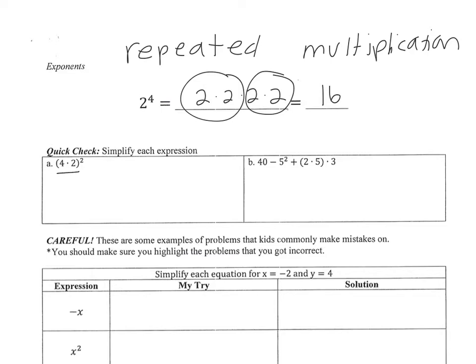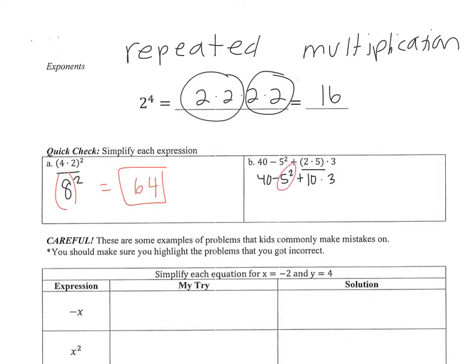So I'm going to do 4 times 2, which is 8, and then square it, because that's using order of operations. I'm doing the parentheses first. So 8 squared is 64. And this one I'm going to do parentheses. So that's 10. So it's 40 minus 5 squared plus 10 times 3.